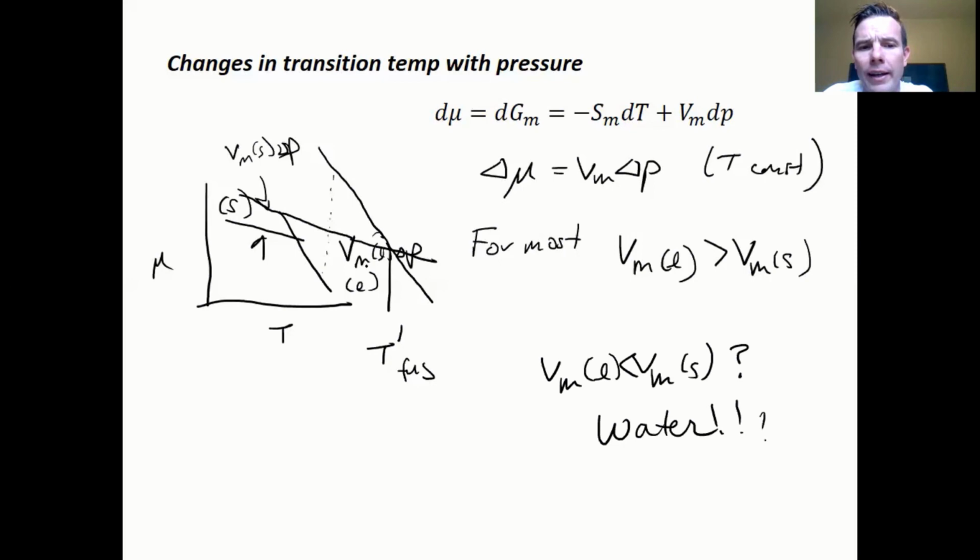What you will find is the exact opposite happens. The fusion temperature decreases with pressure. Rather than increasing, it shifts back this way.